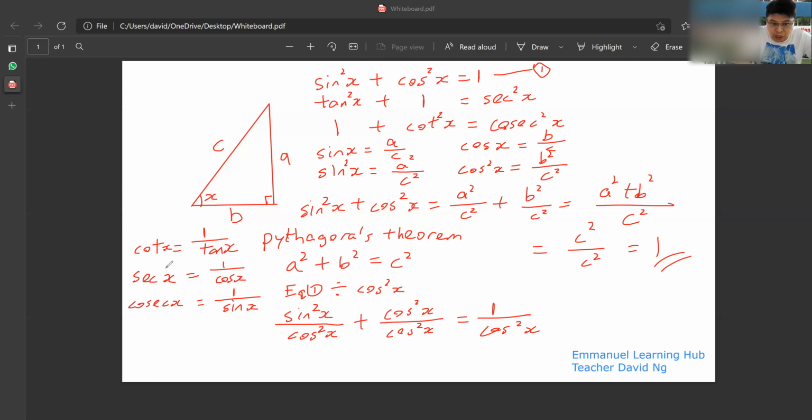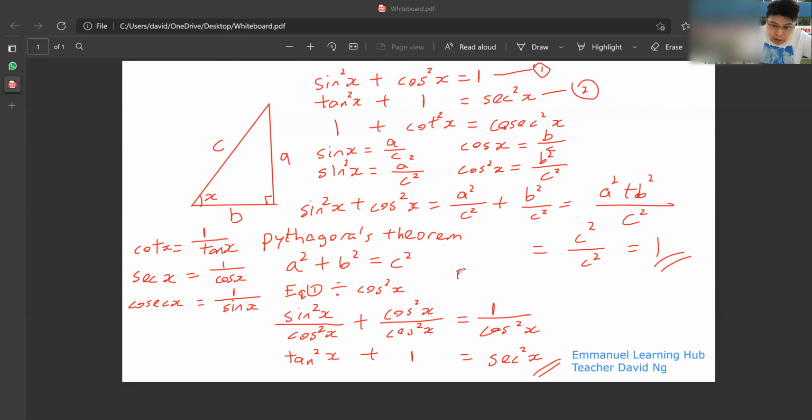Just now, as I introduced earlier, sine over cosine is your tangent, right? Cosine square over cosine square is 1. 1 over cosine is your secant, so secant square x. So I've proven the second equation to you.